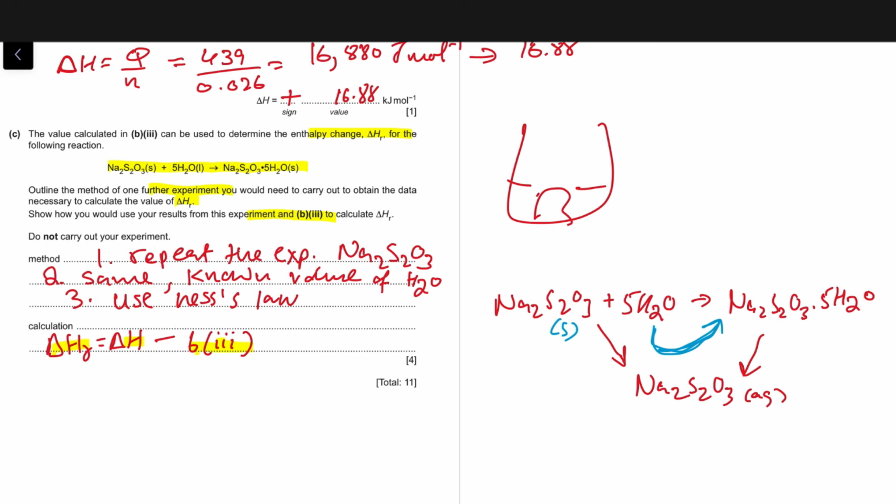And then here, going from aqueous to our hydrated salt is, of course, hydration. Since this arrow is going against the direction we are meant to be headed in, it turns negative, or in other words, we're subtracting. So we subtract this enthalpy change from this, which is our B3, to find our delta HR.